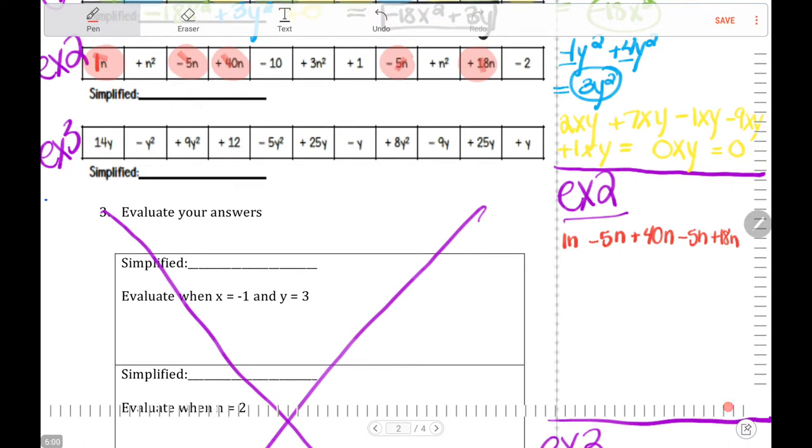In my calculator, I'm going to put all of my coefficients. And when I get that, I get 49n. So that's going to go in my answer.